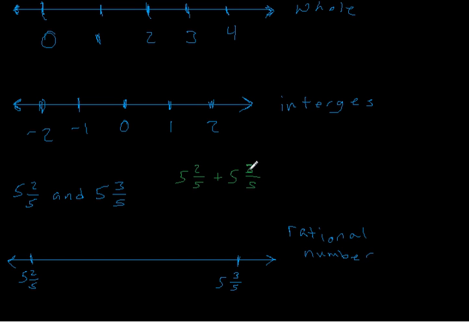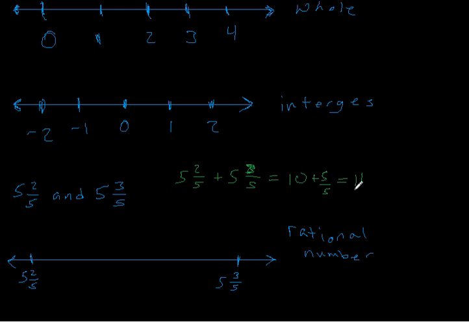So 5 plus 5 equals 10, and 2/5 plus 3/5 actually equals 5/5, which equals 1. 10 plus 1 equals 11.